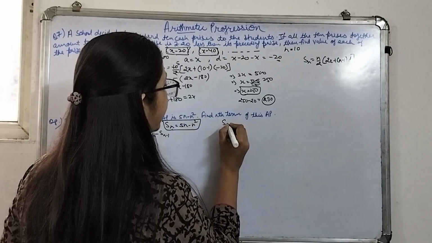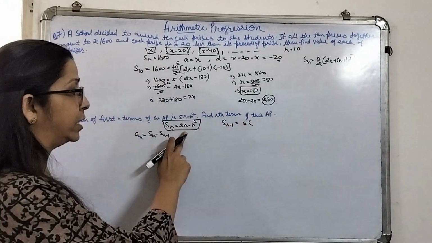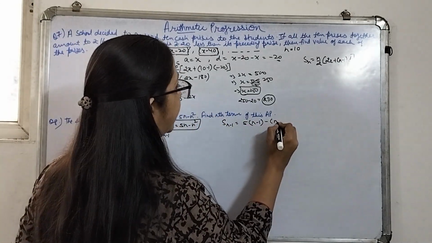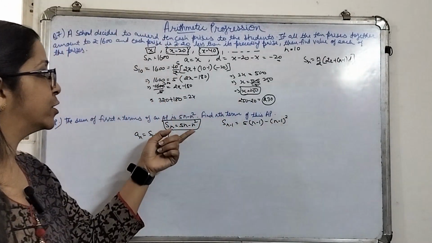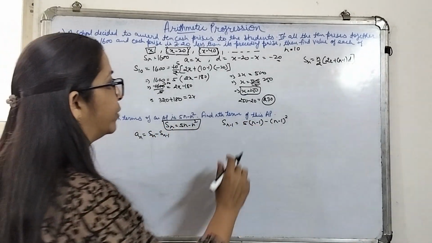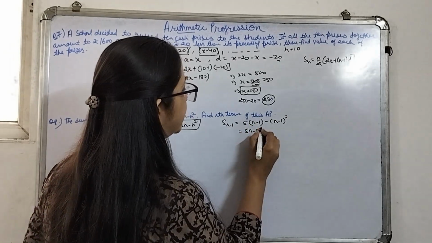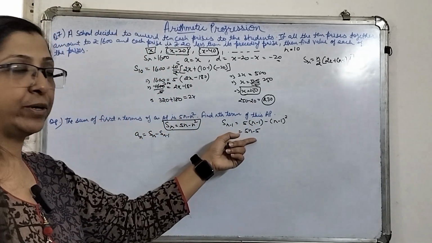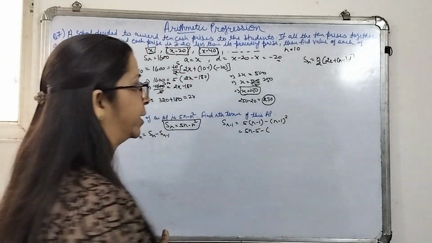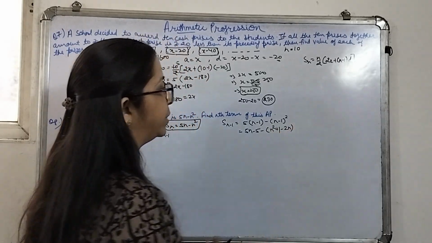So what will the value of Sn minus 1 be? 5 multiplied by, instead of n, we will be taking n minus 1, minus n minus 1 whole square. Wheresoever n was there in this formula, we have taken n minus 1. If we solve it further, 5 multiplied by n will be 5n, minus 5 multiplied by 1 will be minus 5. Now the expansion of this bracket, a minus b whole square, is a square plus b square minus 2ab.